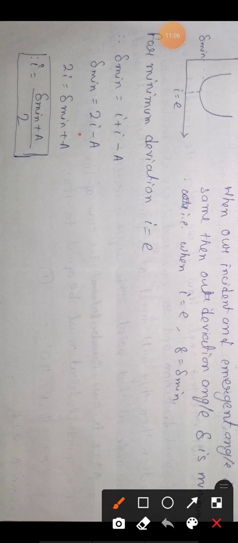If you take A to the left side, it will become delta minimum plus A is equal to twice I, or I is equal to (delta minimum plus A) divided by 2. Okay, so this is one of the important equations of this derivation.